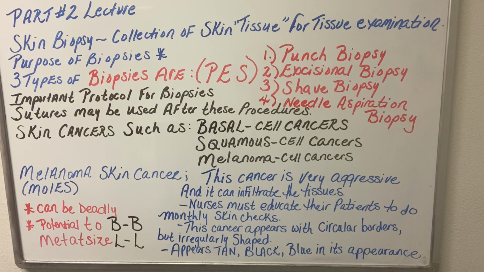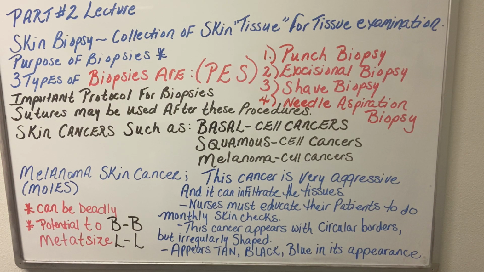So that is the main purpose of doing biopsies in general: you're just trying to detect what type of cells are growing in that skin that appears to be very abnormal looking.